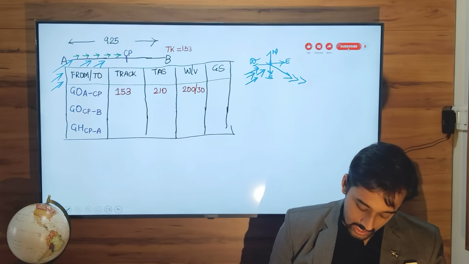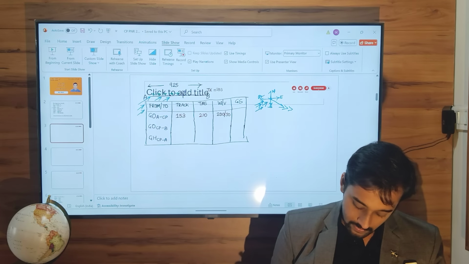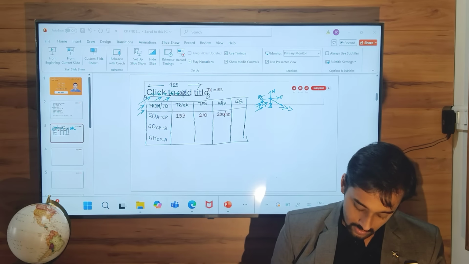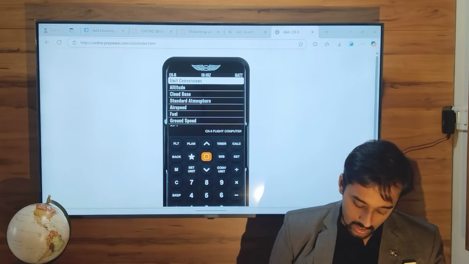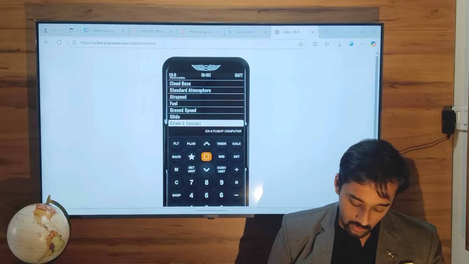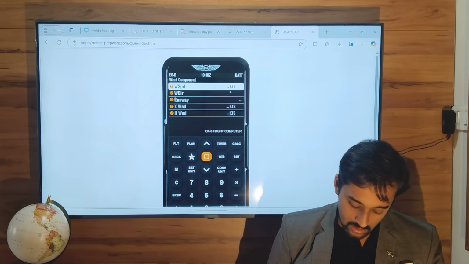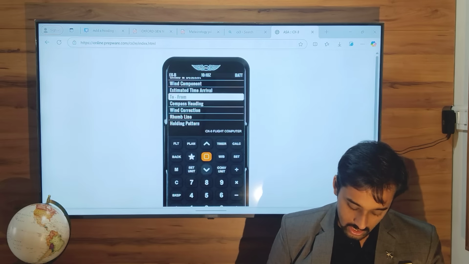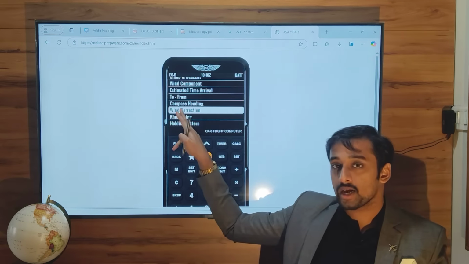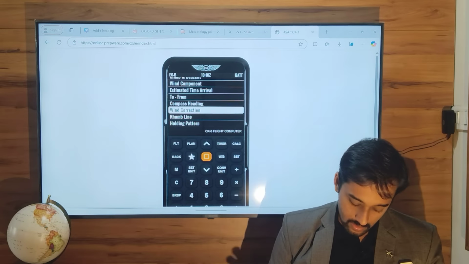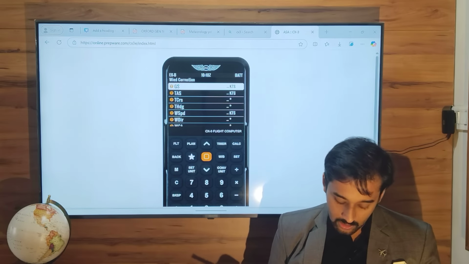So let's go to your CX3. Open your CX3. Go to the option wind correction. Now let's put our values.